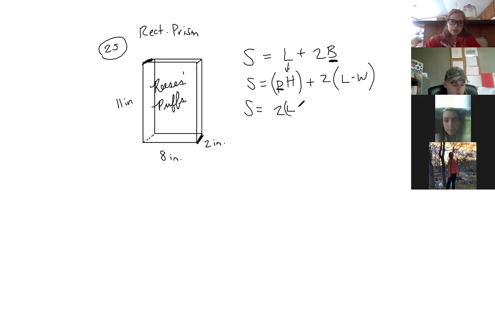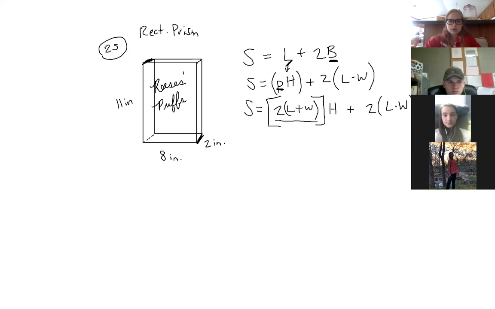Okay, the perimeter of a rectangle base is 2 times L plus W. So I've got to find that value, then multiply it by H, because this whole thing right here, that's the perimeter. We'll get back to that.